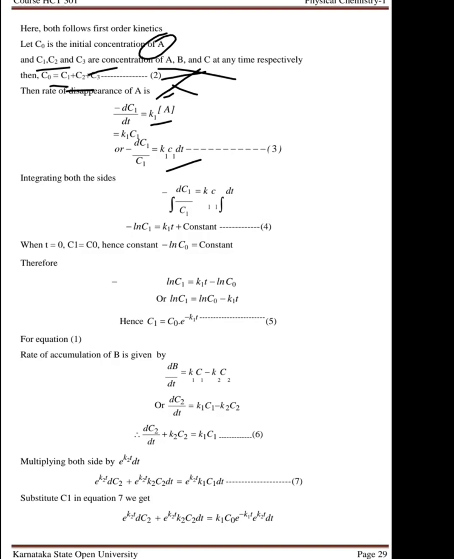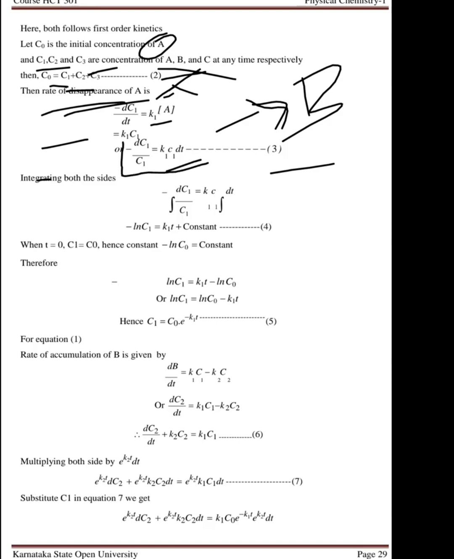The rate of disappearance of A is nothing but the formation of the intermediate B. So it can be written as equation 3. Further, integrating on both sides: minus integral of dC1 by C1 is equal to K1 integral of dt.